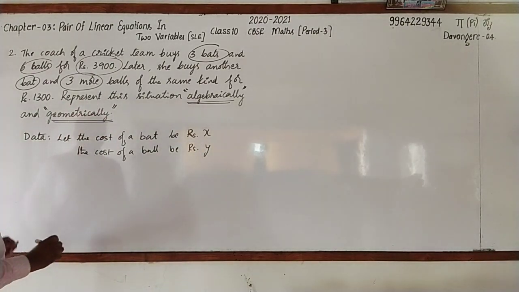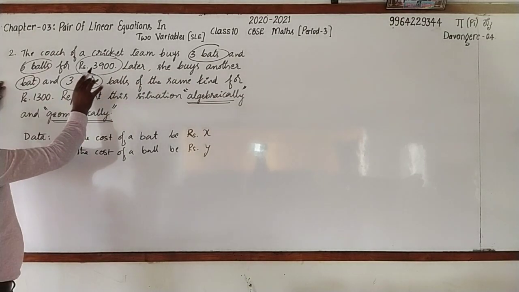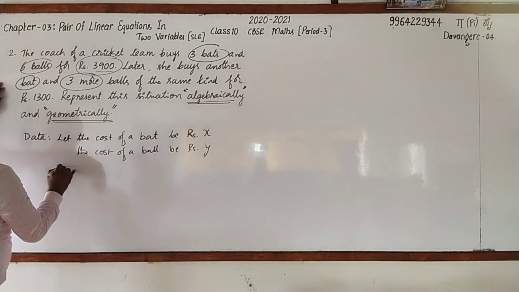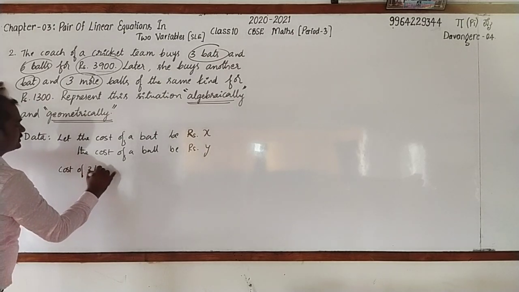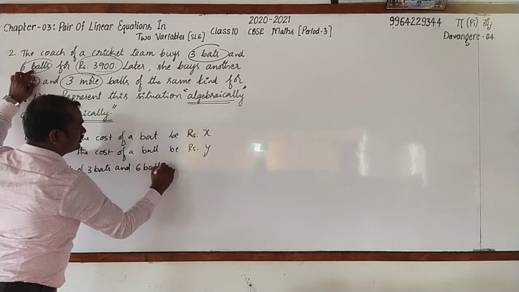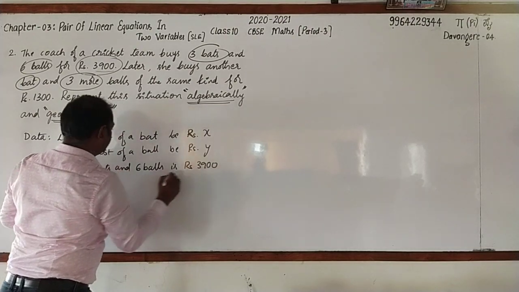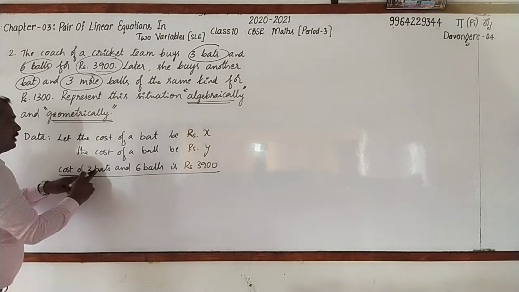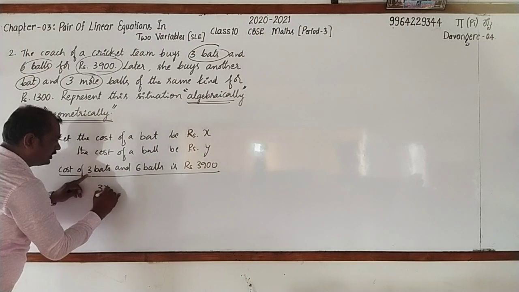Here they are given two situations. In the first situation, 3 bats and 6 balls are to be bought for rupees 3,900. Cost of 3 bats and 6 balls is rupees 3,900. So this can be represented algebraically as: the cost of a bat is rupees x, cost of 3 bats is 3x.